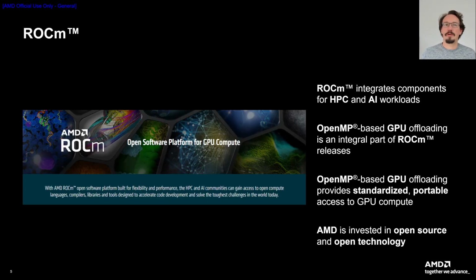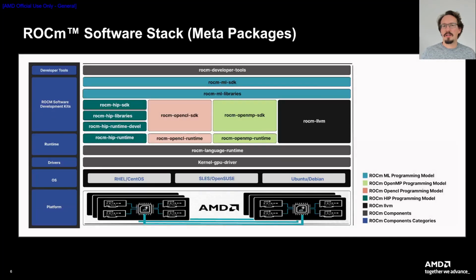OpenMP-based GPU offloading provides a standardized and portable way to access GPU compute resources and is therefore being adopted in ever greater fashion. AMD is invested in open source and open technology, and as such, all OpenMP GPU offloading components are open source.